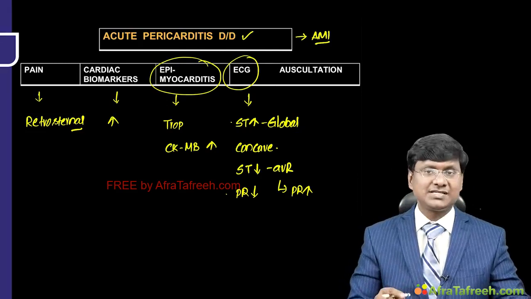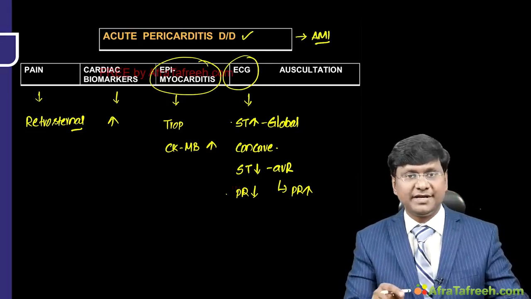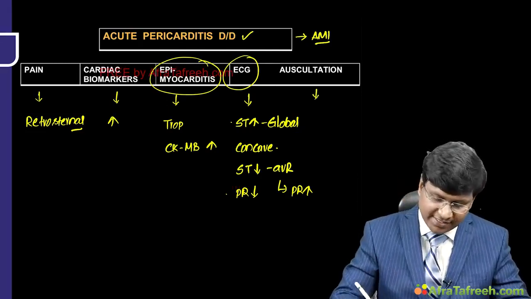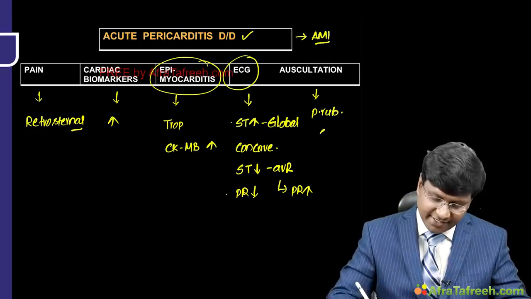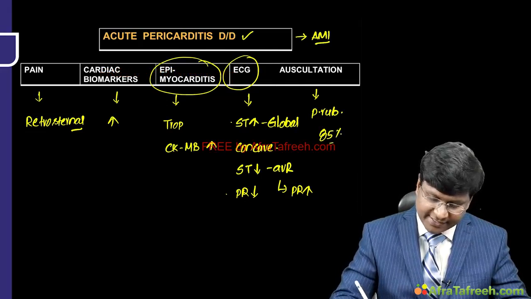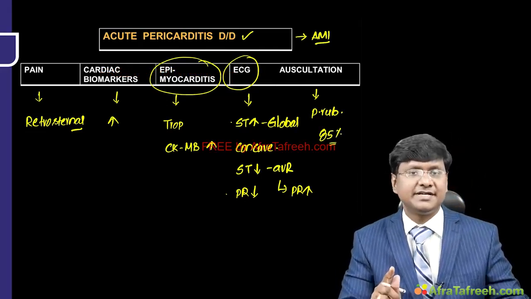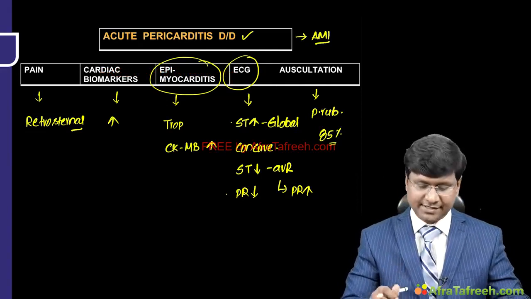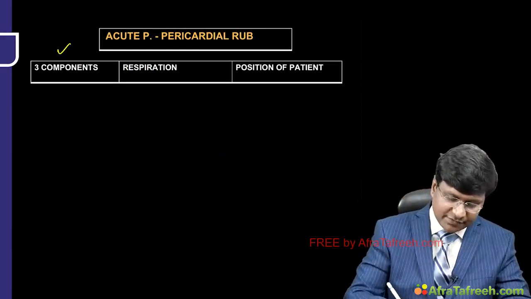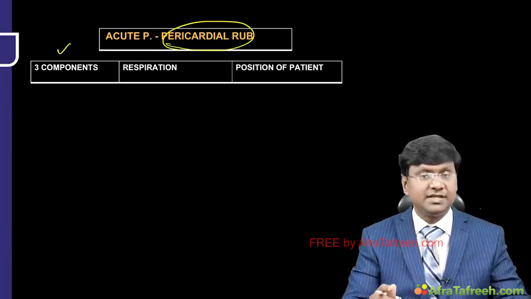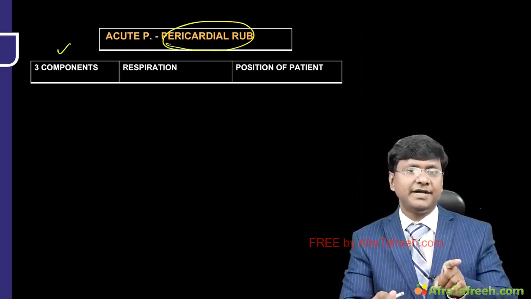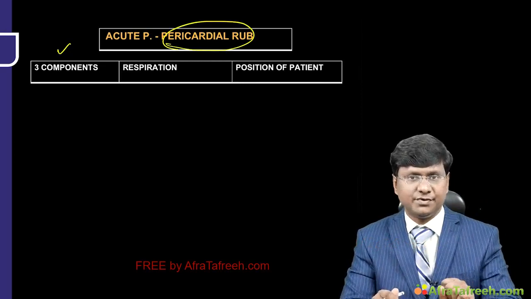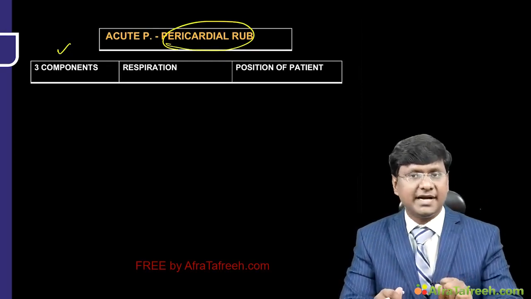Now, what will be the auscultatory finding in patients with acute pericarditis? You will hear the pericardial rub, and this rub is seen in almost 85% of patients with acute pericarditis. Let me discuss a few important points about the pericardial rub. This rub has three components per cardiac cycle.